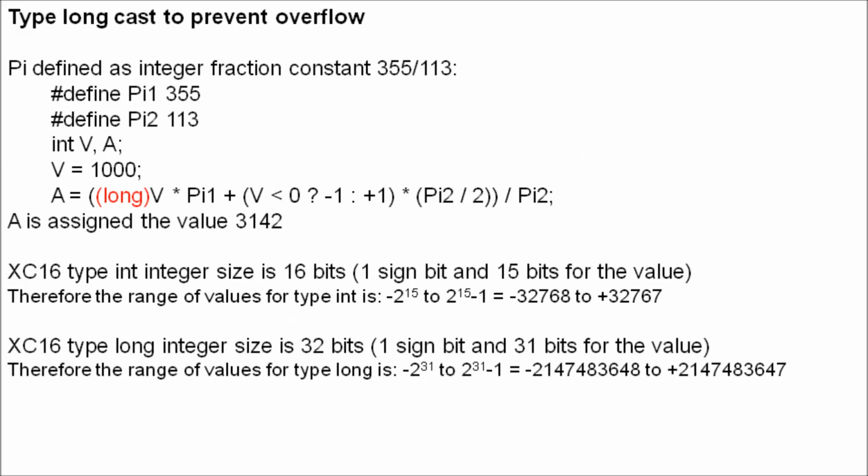The typecast operator changes the value read from variable v from a 16-bit type int integer to a 32-bit type long integer. All the operations will now be performed as type long, with the result automatically demoted back to a type int when assigned to variable a.